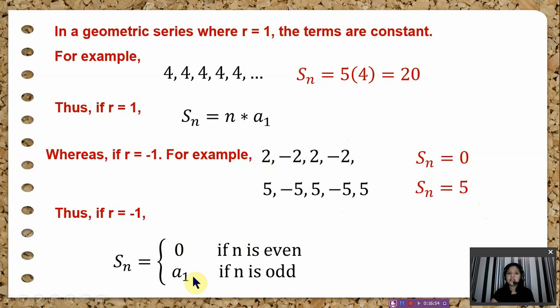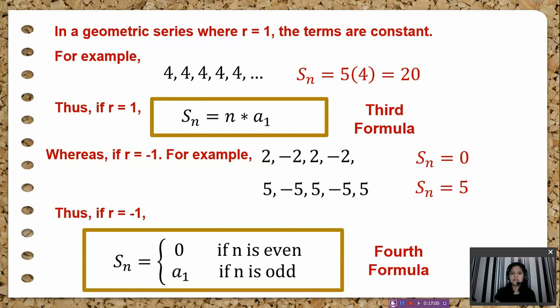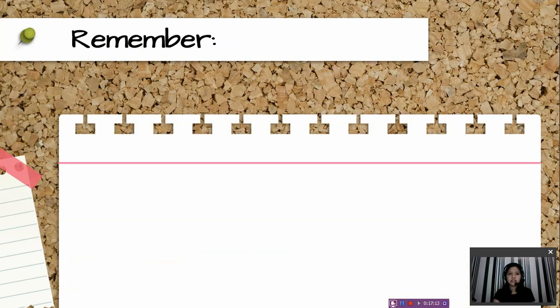So, our sum would be a sub 1. So, we have our third and fourth formula. The third formula is used when r is equal to 1, and the fourth formula is used when r is equal to negative 1.